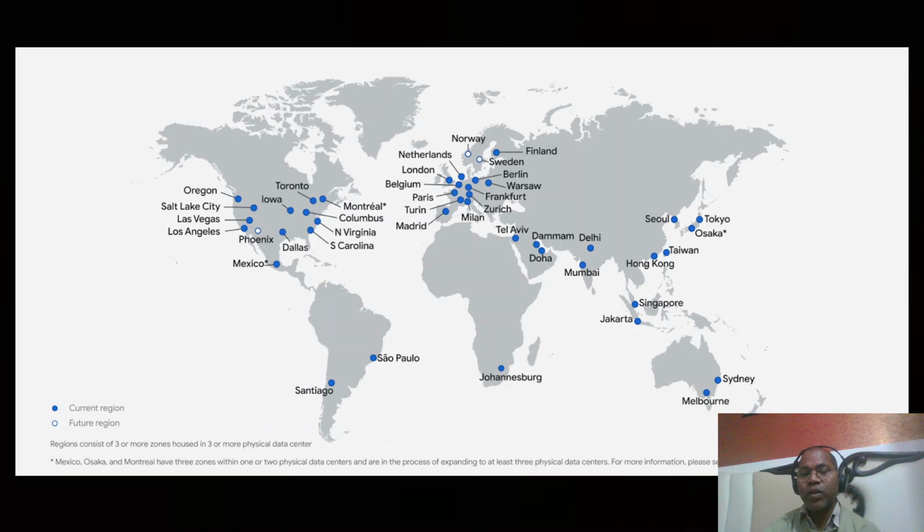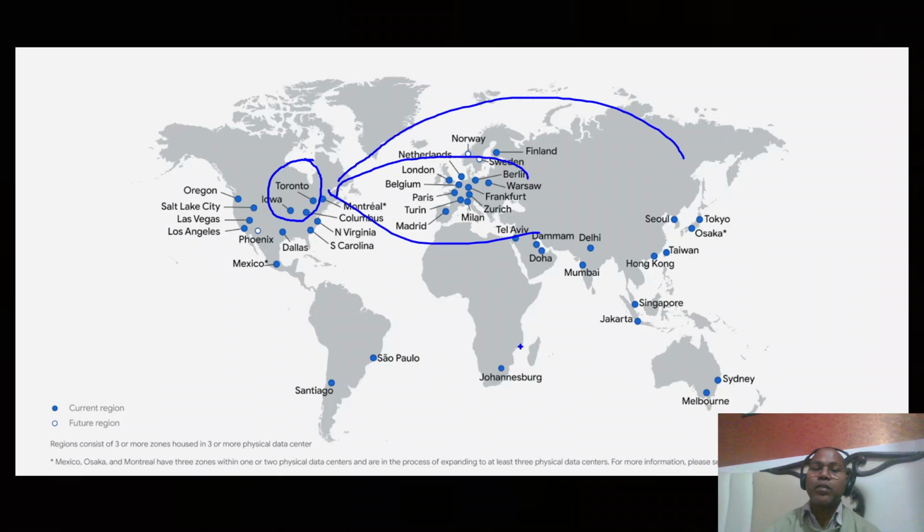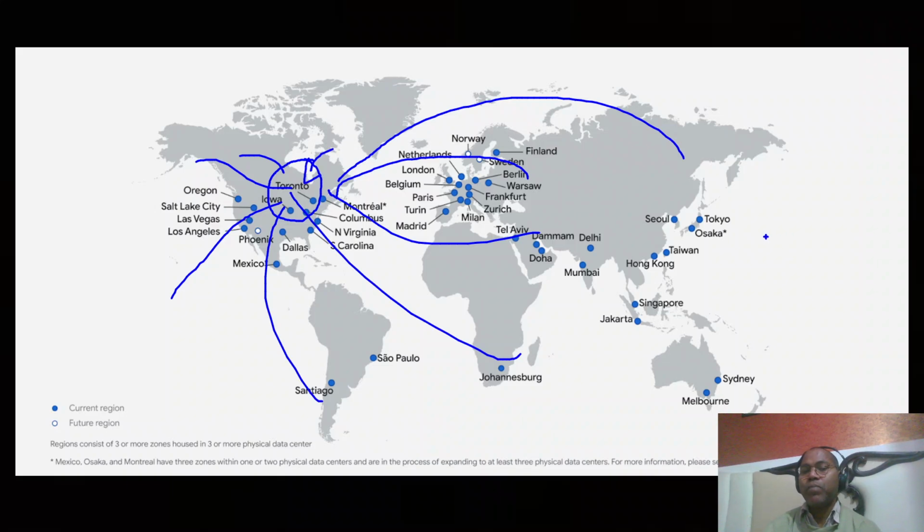Let's say I am from a specific location, so my request can be served by my nearest location. What happens if Google has only one location from which to serve? All user traffic from different parts of the world goes to the same place. The nearest customers get a quicker response, but remote customers get a very slow response.